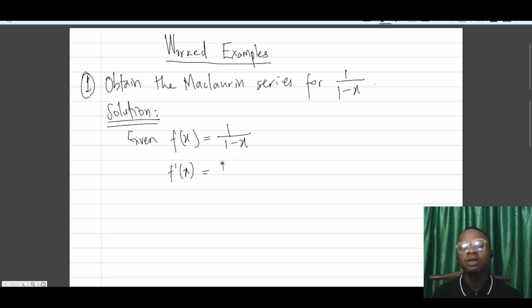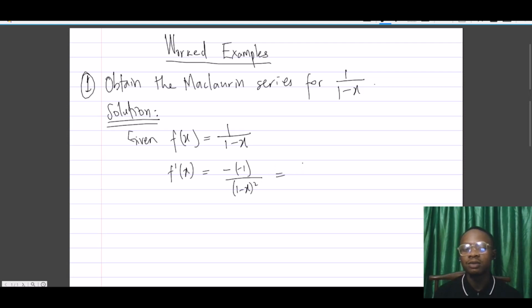So basically we're going to have minus top times derivative of the bottom, that is minus of minus 1, all over bottom squared, that is 1 minus x all squared.